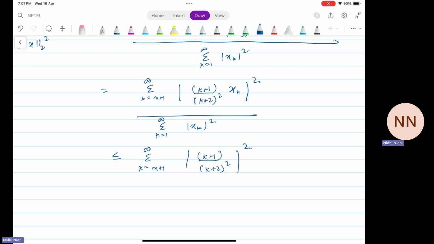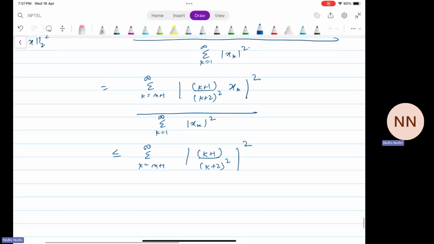That's because x_k squared is always less than or equal to the norm of x squared, and that can be taken outside, and it will be cancelled out by the denominator, the L2 norm of x. So eventually we'll be left with this term only.